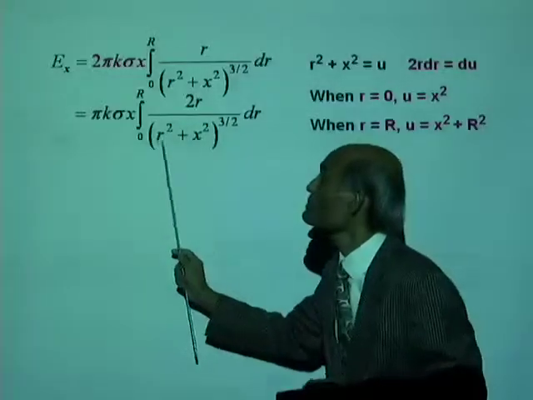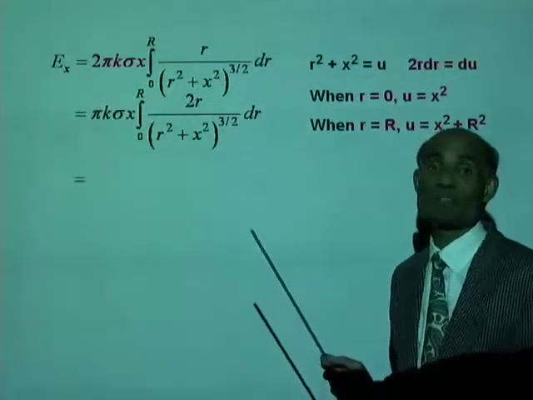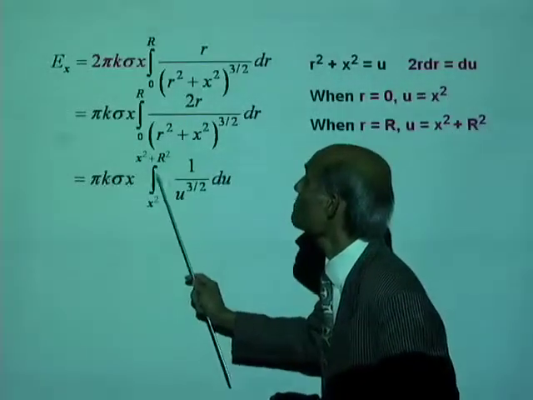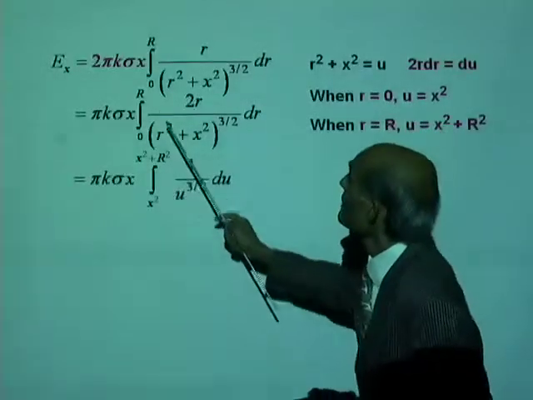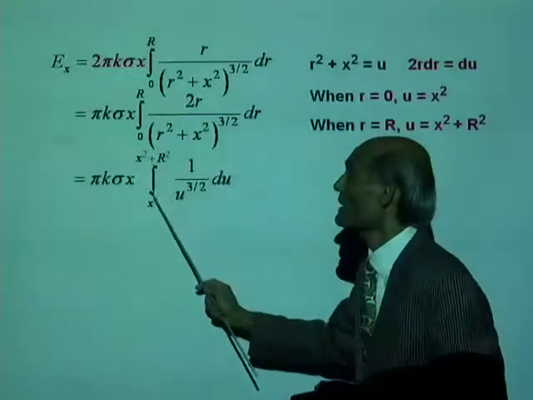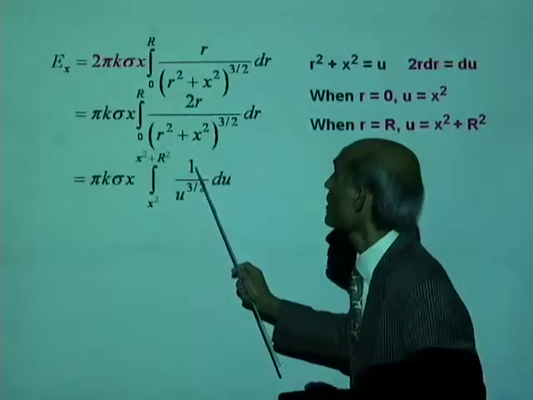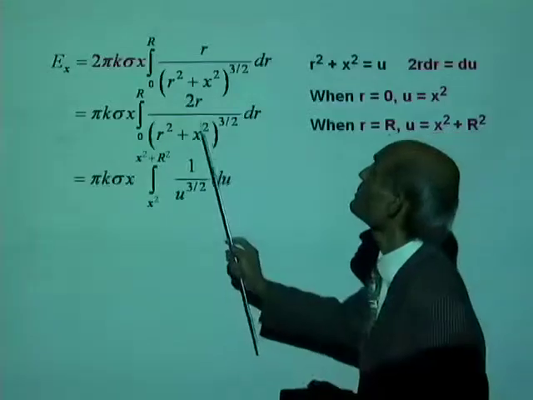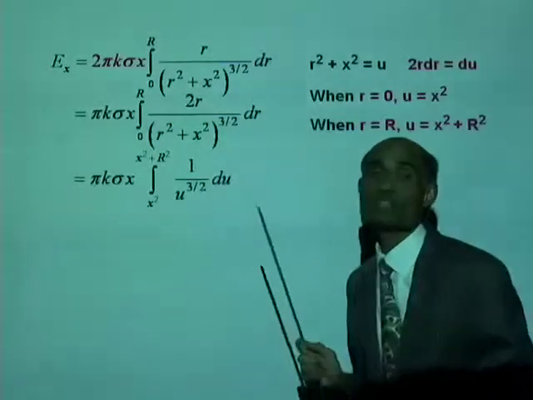So when you make a substitution, you also need to take care of the limits. What does the integral now become? It will be pi k sigma x, integral from x squared to x squared plus r squared, 1 over u to the power of 3 over 2 du. This is our u, and 2r dr is the du.